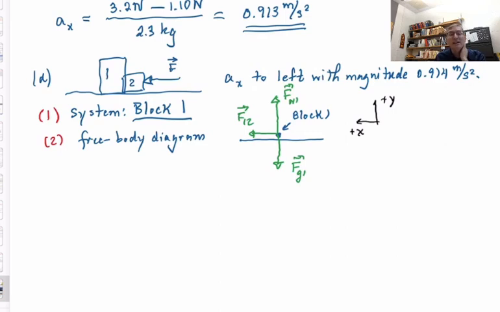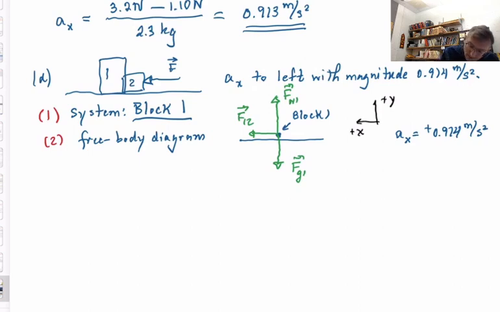By this choice, the a sub x of the system is positive 0.914 meters per second squared. That's a technical point, but it's important. If you have chosen the plus x axis to the right, then for this block, a sub x would equal negative 0.914 meters per second squared. And if you didn't put that negative sign in, technically it's incorrect.